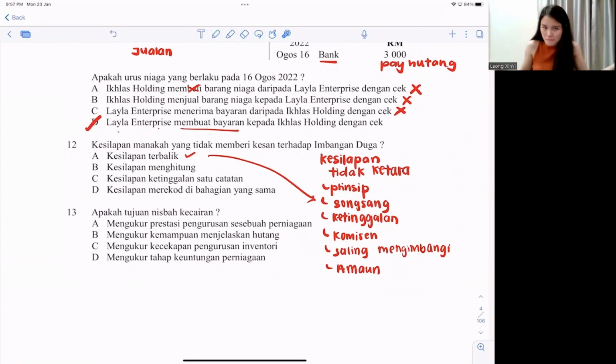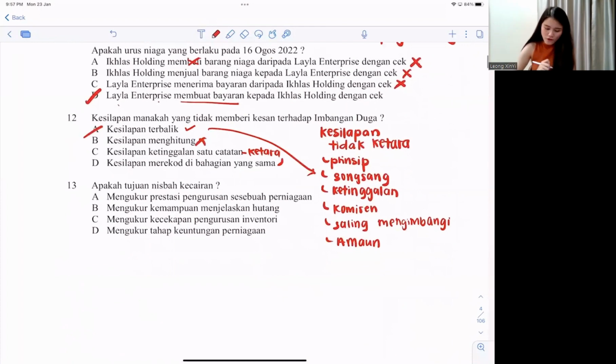It's called kesilapan amount di sebelah debit ataupun sebelah kredit on one side only. So it's not both sides that I've calculated wrongly. So B is wrong. Okay. Now, ketinggalan satu catatan is kesilapan ketara. Like the obvious. These two also ketara. Okay, guys. So B is wrong, eh? So answer A. Alright, so we move on.